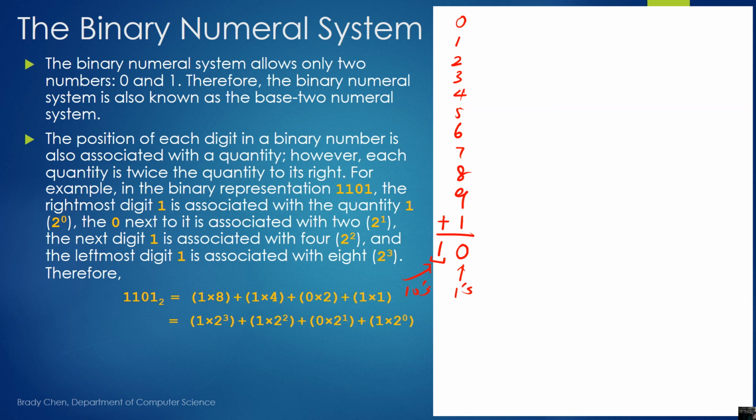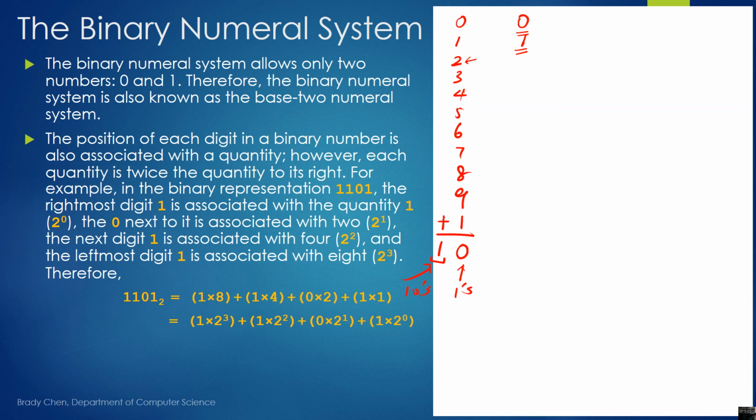Now, the binary numeral system allows only 2 symbols, 0 and 1. So that means once you count 0, count 1, now if we continue to count, if we want to count 2, we cannot introduce a new symbol. So we're going to do a similar thing to the decimal numeral system.